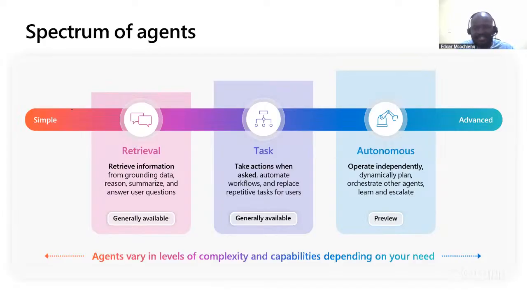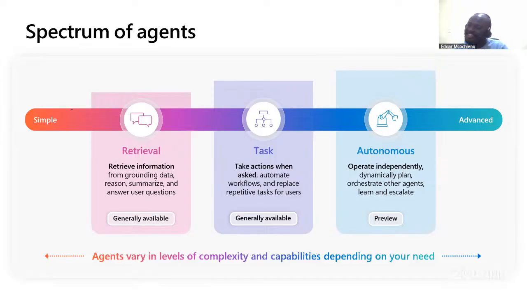So that's a retrieval agent. It's a basic agent. It helps you to retrieve data from your grounding. So it can help you to reason, summarize, and answer your questions. And that's the simplest agent we can build, because it's creating an agent, giving it instructions, grounding it with the information we want it to share, and voila, we are done.